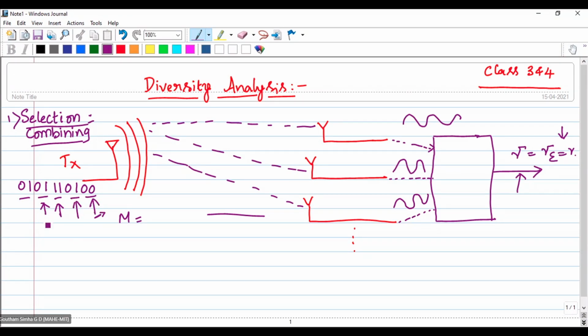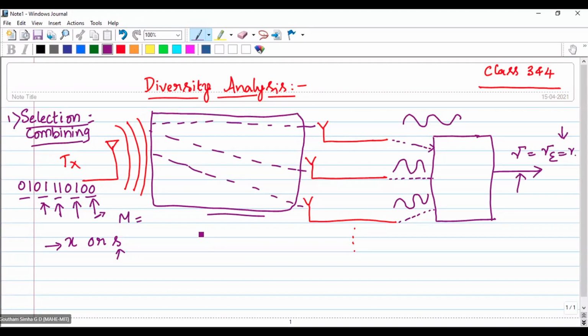The symbol which you transmit is generally represented as X or S. Whatever is happening here is because of the air medium, which is called the channel H.